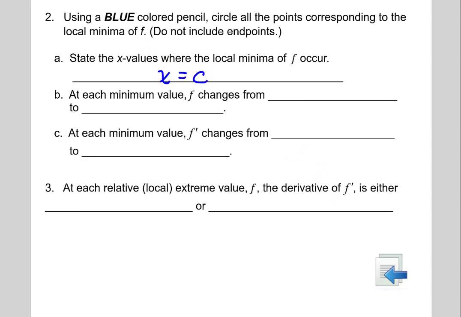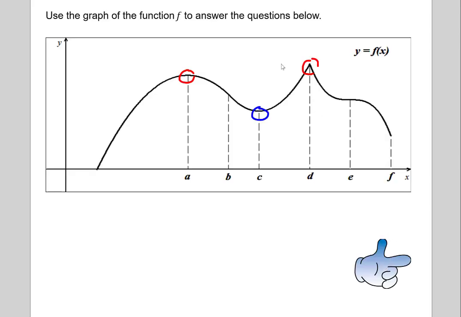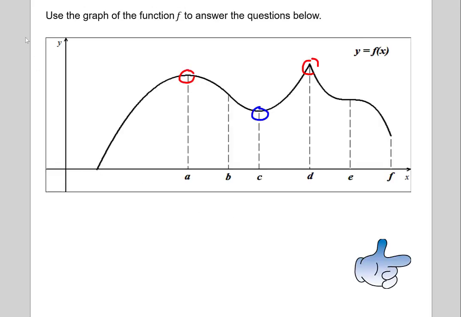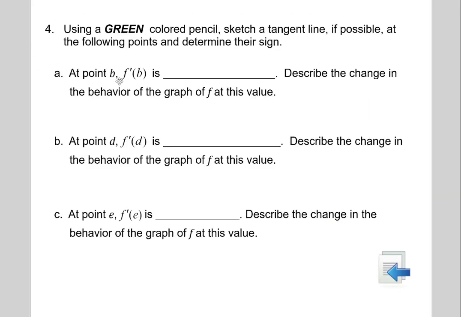And what's the behavior there? At each minimum value, the function changes from decreasing to increasing, and the slopes or the derivatives change from negative to positive. Oh, went too far.